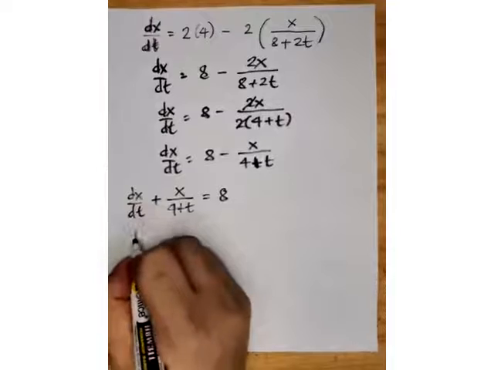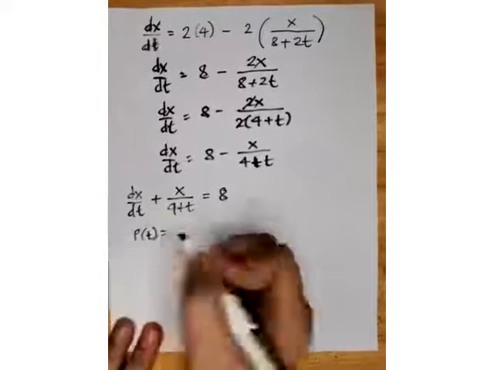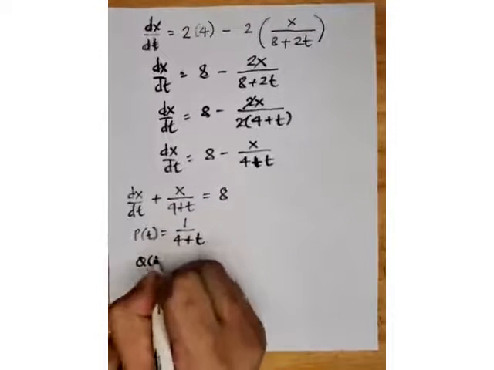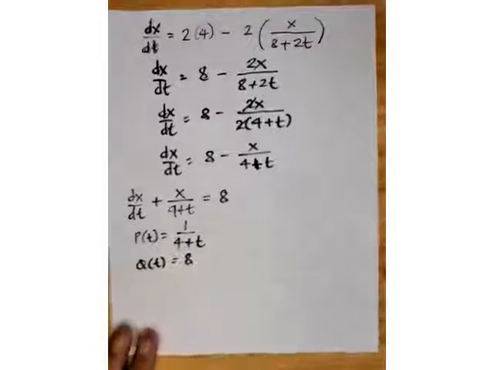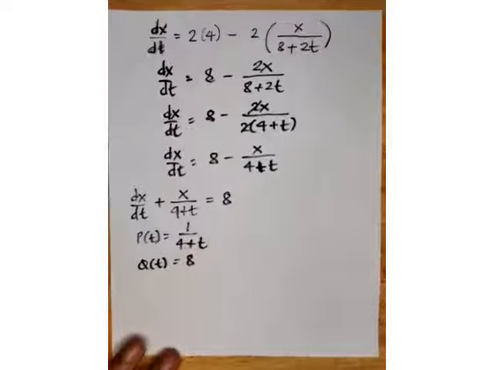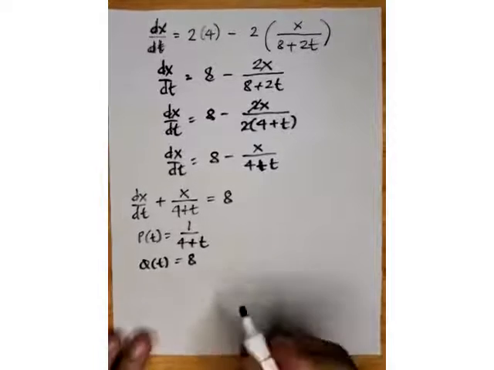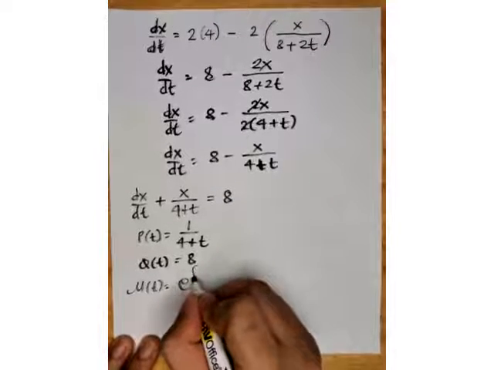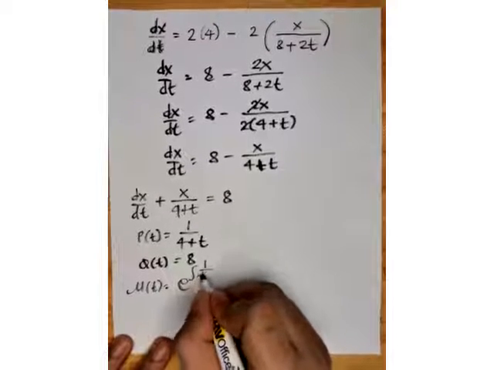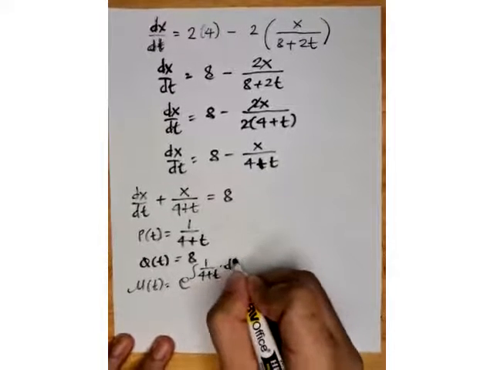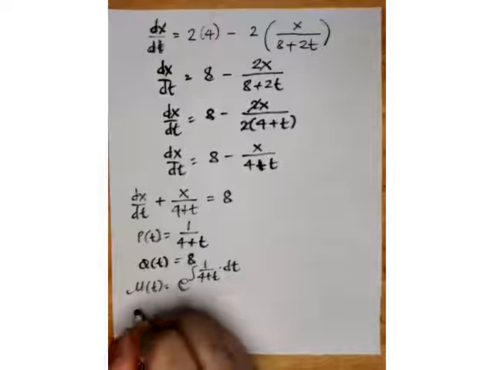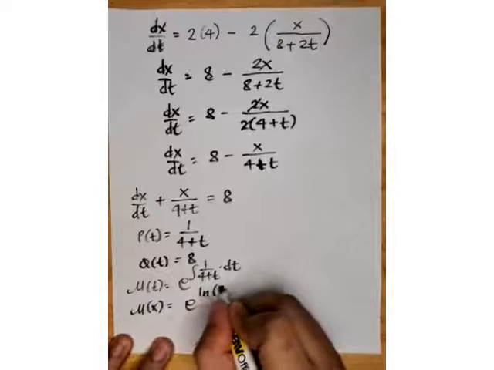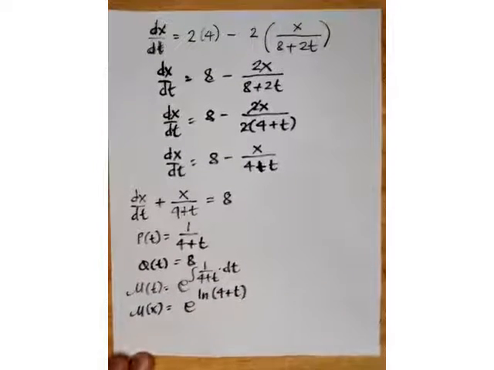Okay? So ano yung ating p of t? Ang p of t natin ay 1 over 4 plus t, at yung q of t natin ay 8. Okay, now let's get our integrating factor. So the integrating factor is equal to e raised to the integral of 1 over 4 plus t times dt. Okay, so the integrating factor then is equal to e raised to the ln of 4 plus t.